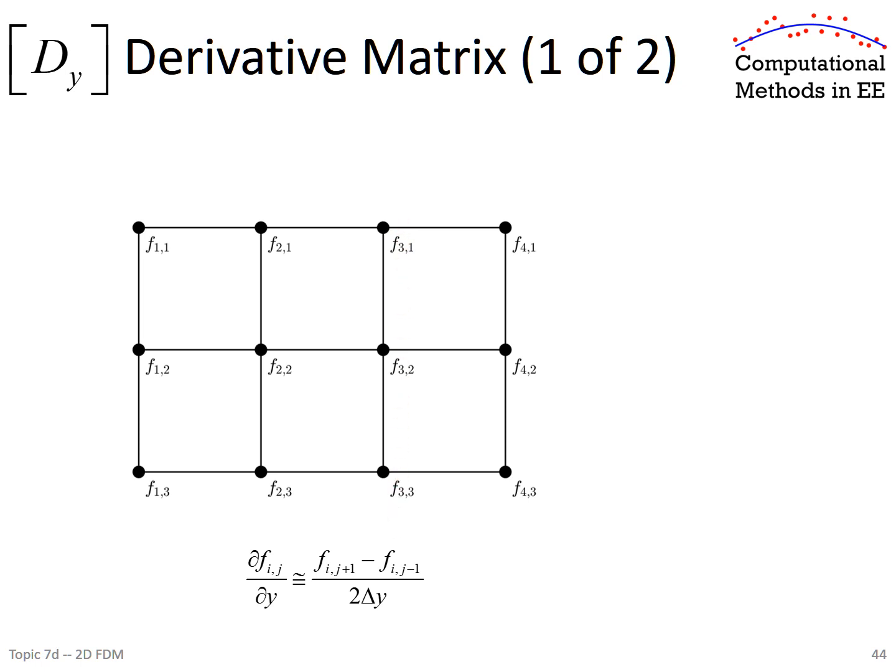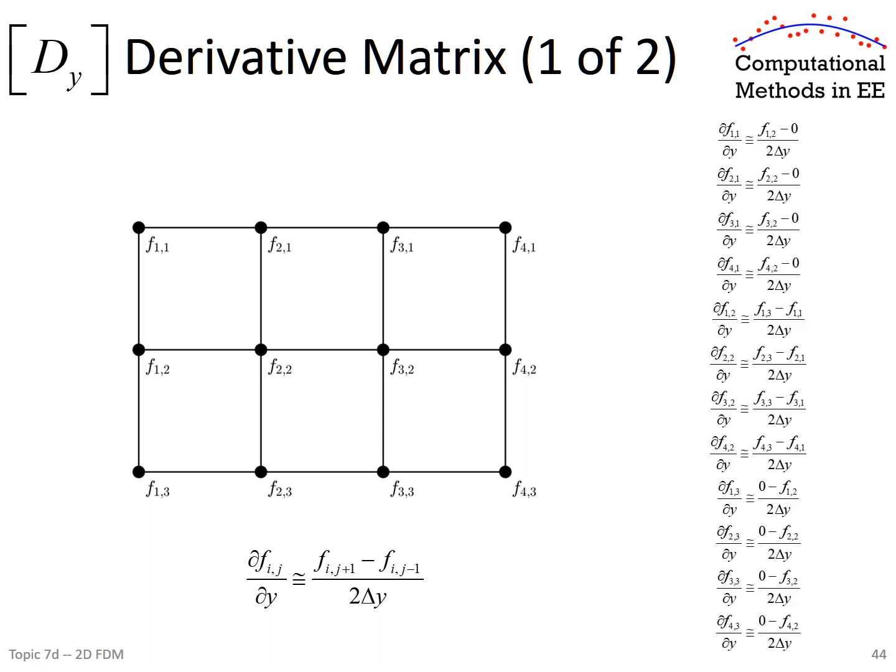But the procedure we did before, we're going to follow exactly. We're going to work through this grid one point at a time and write that finite difference equation for each point on the grid. When we do that, we get this large set of finite difference equations that we will again go through one at a time to explain where they're coming from.